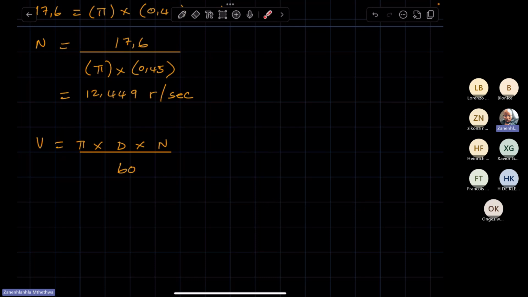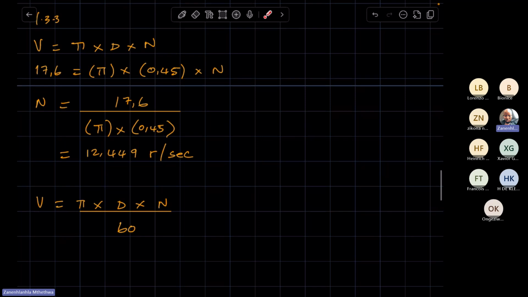Remember that dividing this by 60 means that this is in revs per minute. Then from here, you substitute. Whatever answer you get from this equation will be in revs per minute.